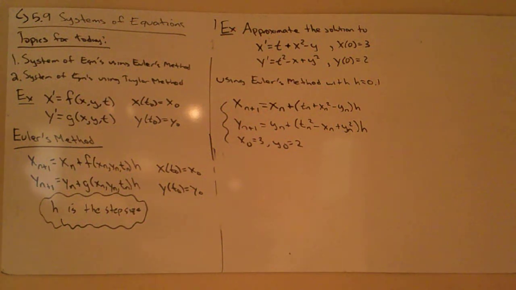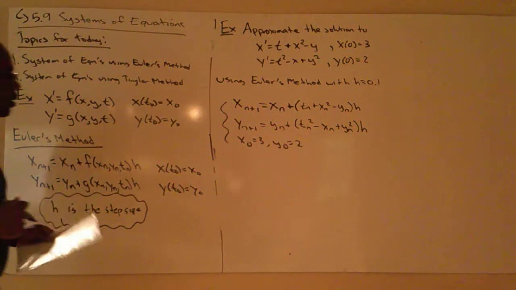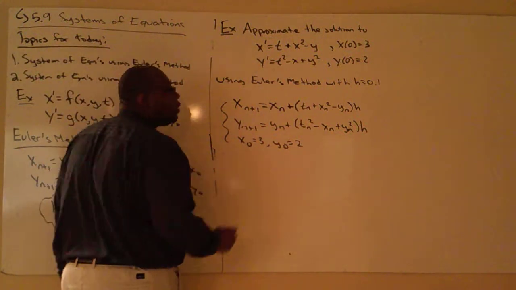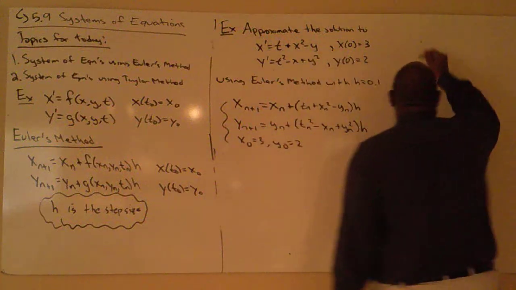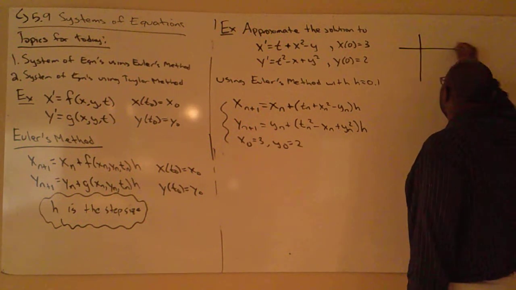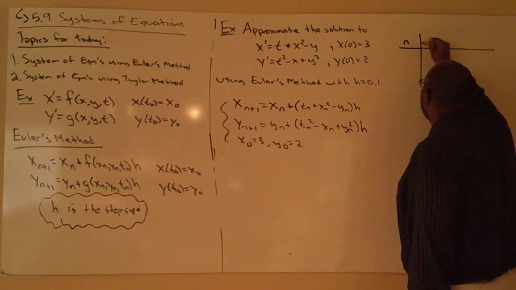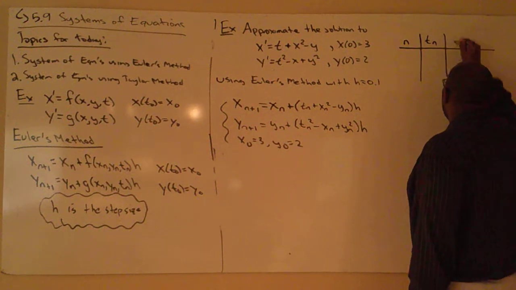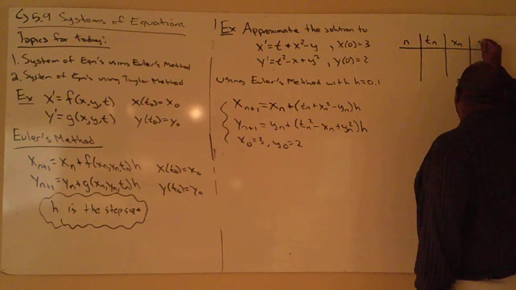Let's look at the first couple of terms in this. Let's make a table here. I have n, t sub n, x sub n, y sub n.